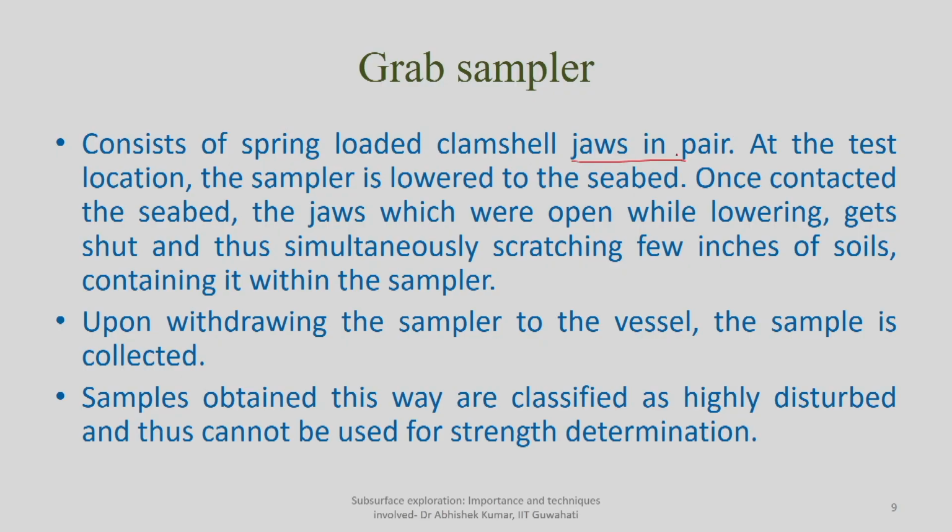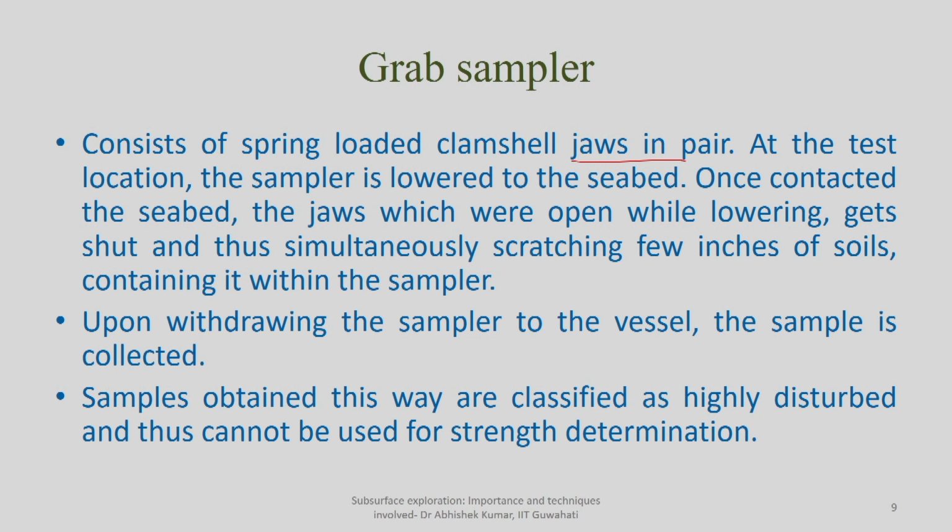The grab sampler consists of spring loaded clamshell jaws in pair. So there will be two clamshells attached to the sampler at the test location, where you are interested to collect the sample.